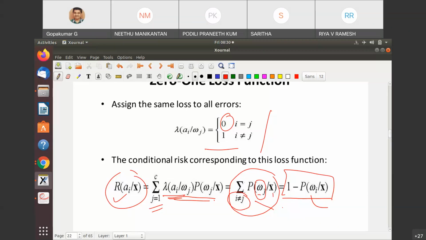Because wi and wj are the two classes that we are discussing. So in order to reduce this risk, either we minimize wj, or we maximize the probability of wi given x. So that is another interpretation that we can get from this equation.